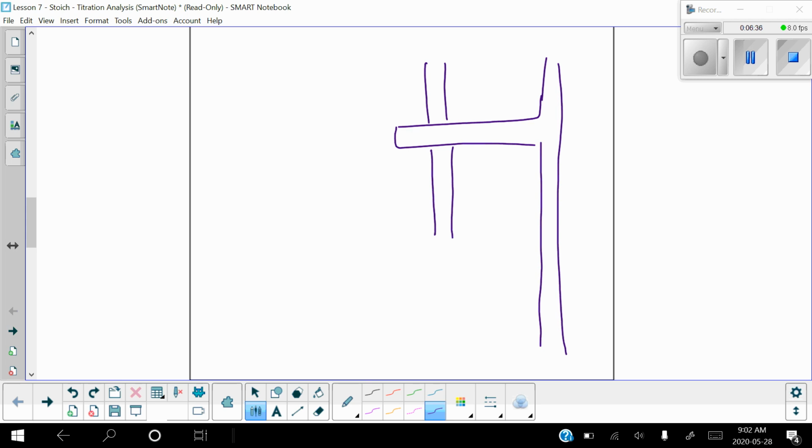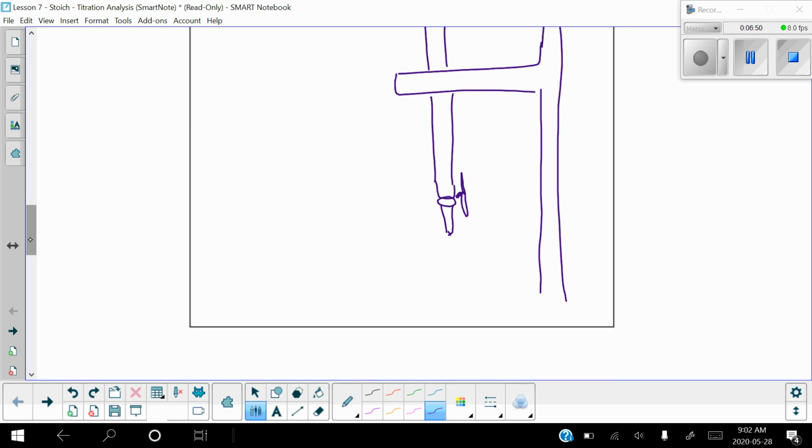The burette kind of looks like this. It has a bit of a point at the end, and then it has the valve on the side. And then underneath the burette, we have an Erlenmeyer flask. Okay.